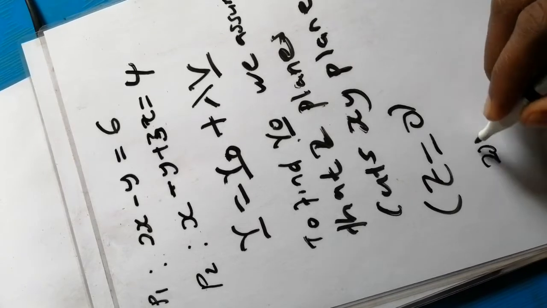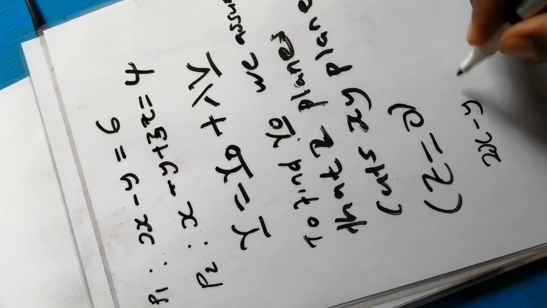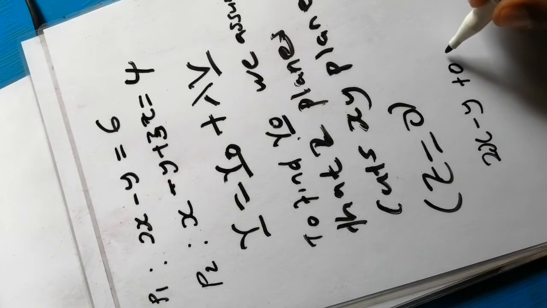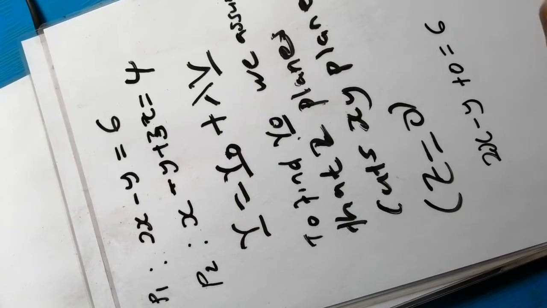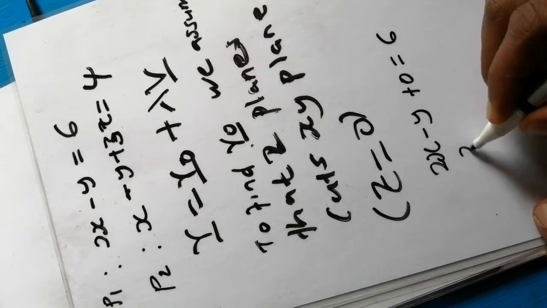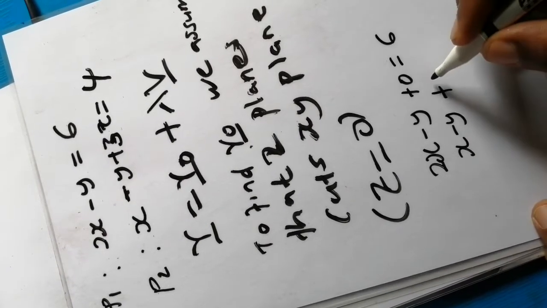So this is 2x minus y plus 0. Here we were fortunate because it was 0z, which is the same as 0 already. But let me put that 0 there just to show in case you get a different equation.